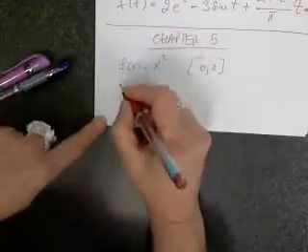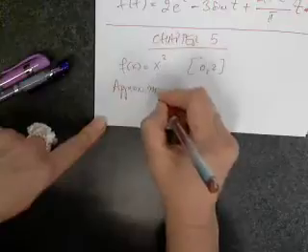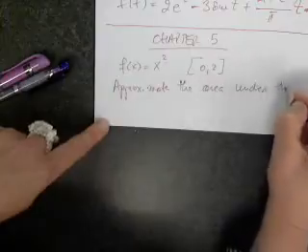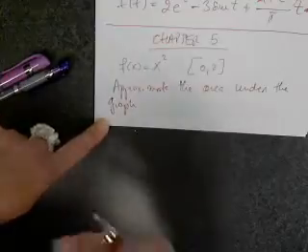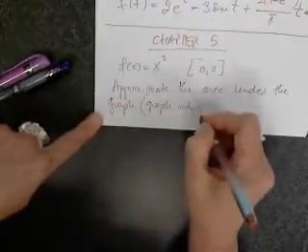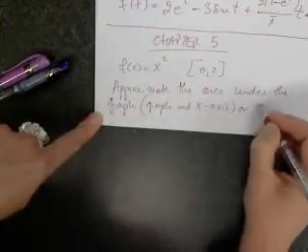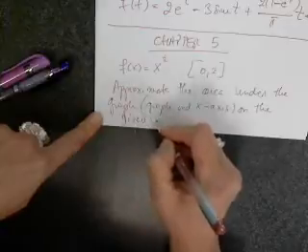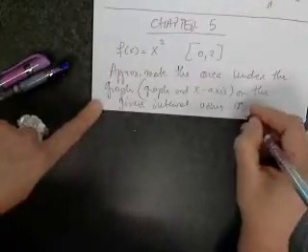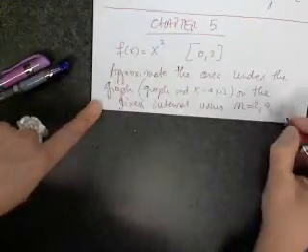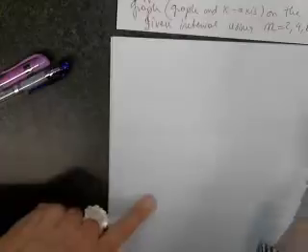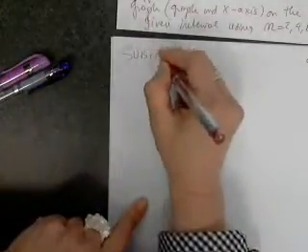And the requirement is: approximate the area under the graph, of course between the graph and the x-axis, on the given interval using n, lowercase n, 2, 4, 8, sub-intervals.